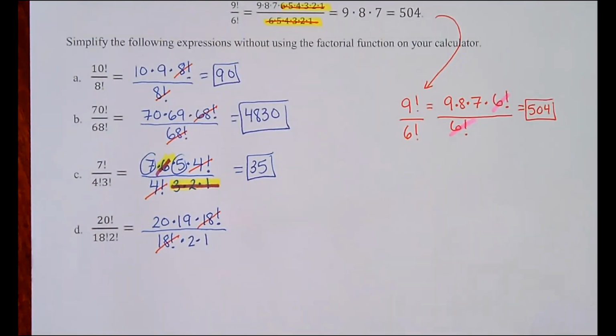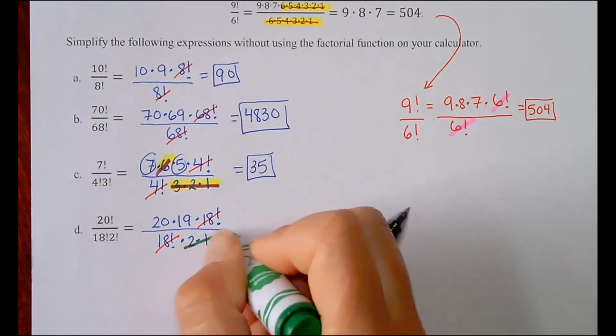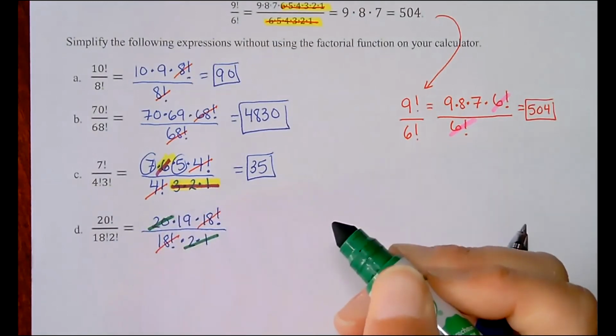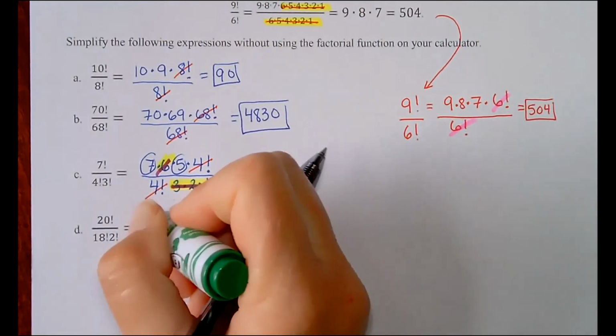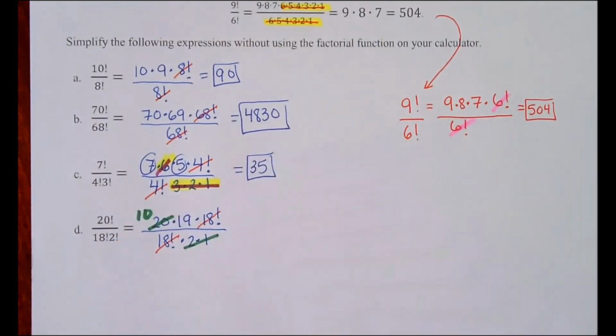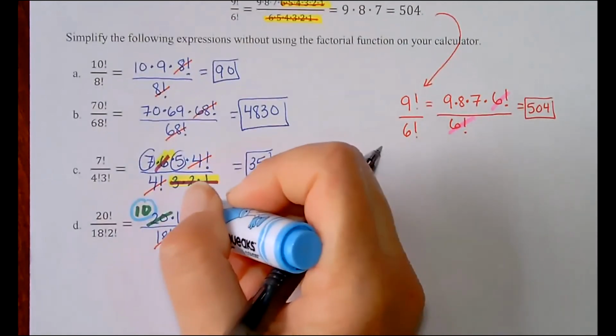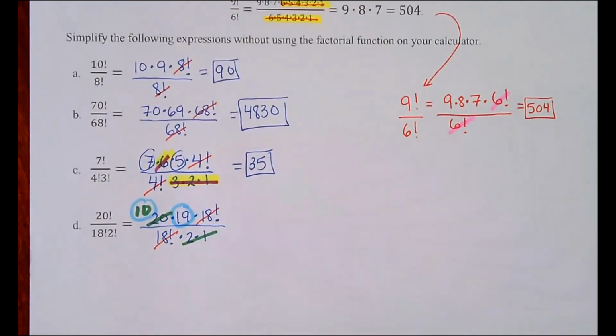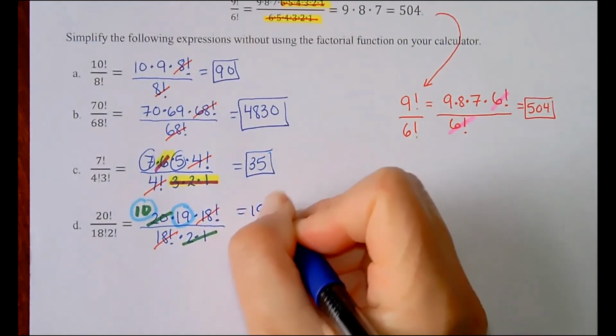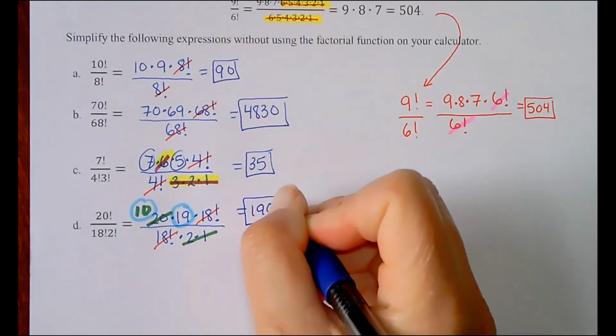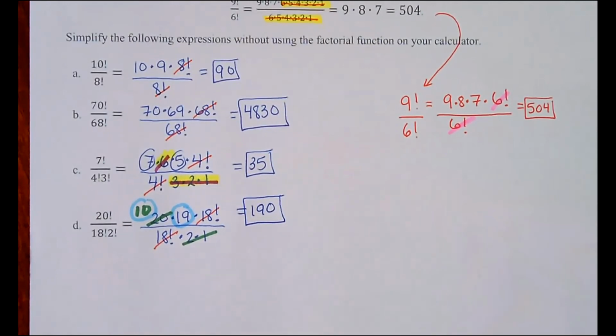And then I'm going to have my 2 times 1, which is 2, that can cancel with part of my 20, leaving me with a 10. So now I have 10 times 19, which is 190.